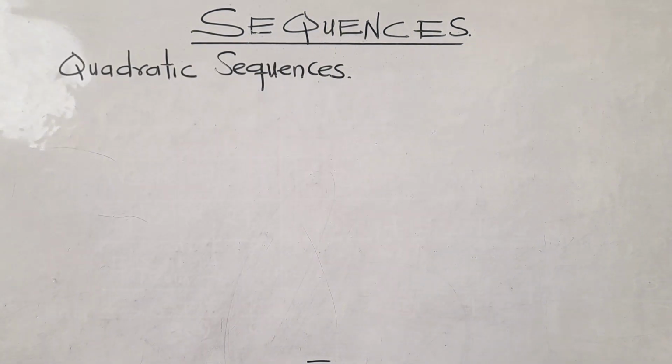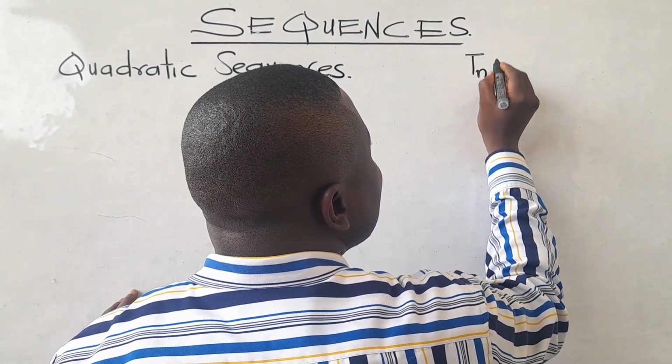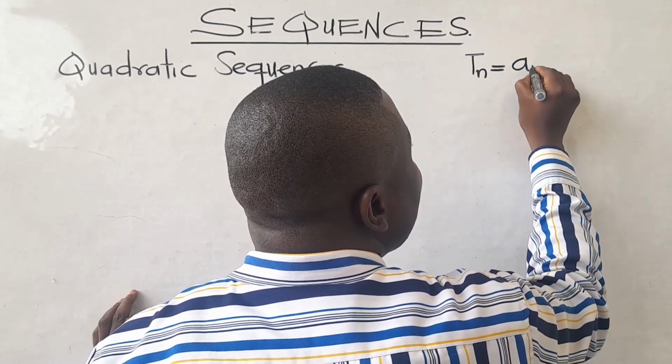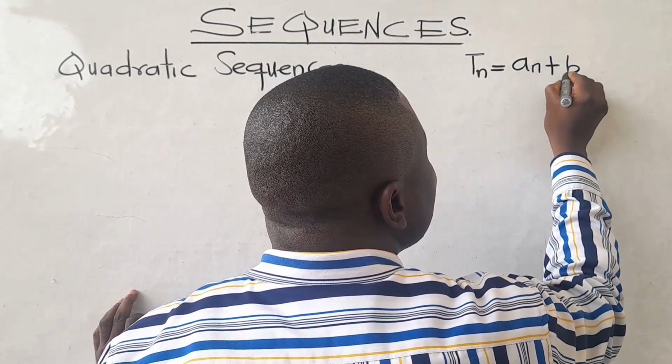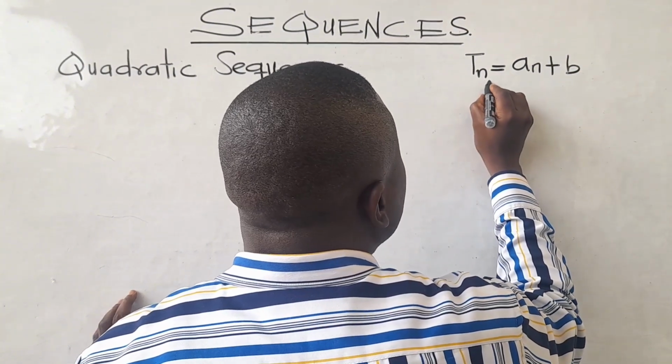Now we go higher to quadratic sequence. In linear sequence, we dealt with something like this: an plus b. This is for linear sequence.